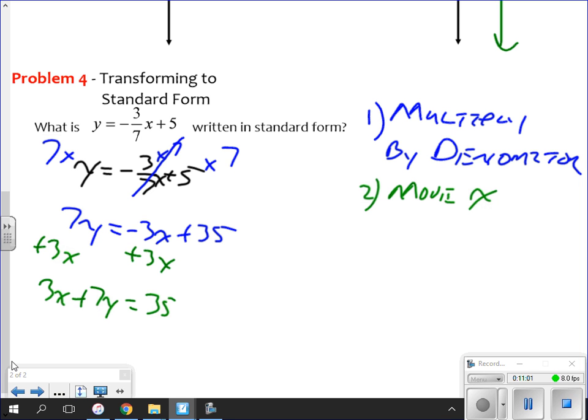Now, there might be one more step. We don't have to do it here, but you might have to on yours. What needs to be true about my x's? They have to be positive. The x's have to be positive. Are my x's here positive? Yeah, so I'm good on this one, but I might have to do step 3.